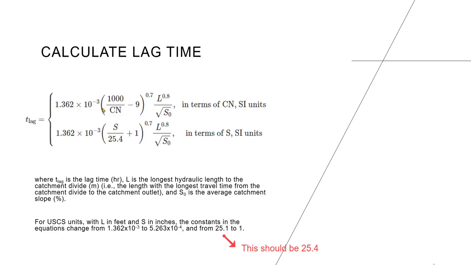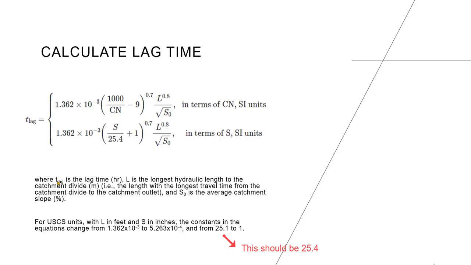All right, so I have used this top equation that has curve number, based on the curve numbers of the subbasin that I have, and I have figured out the value of lag time. Notice that lag time is in hours, but in HEC-HMS, lag time is in minutes. So you need to convert the values of lag time from hours to minutes and put them in HEC-HMS.